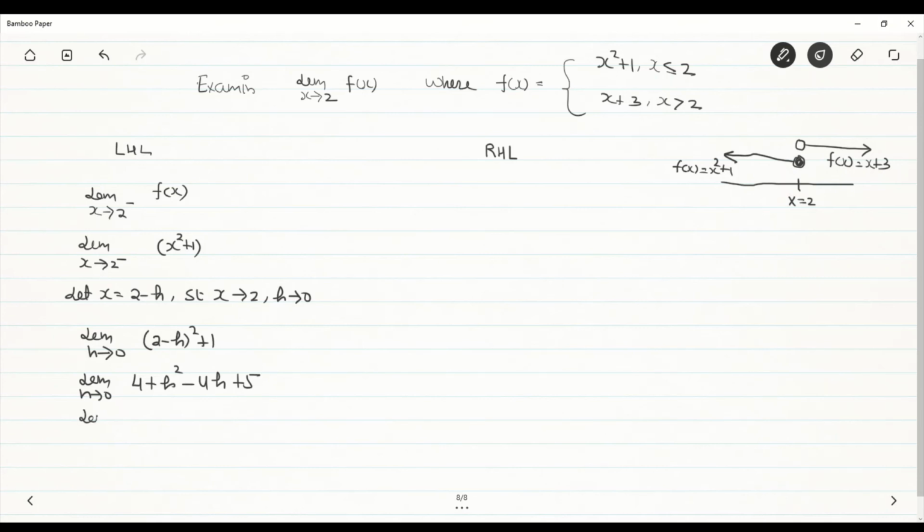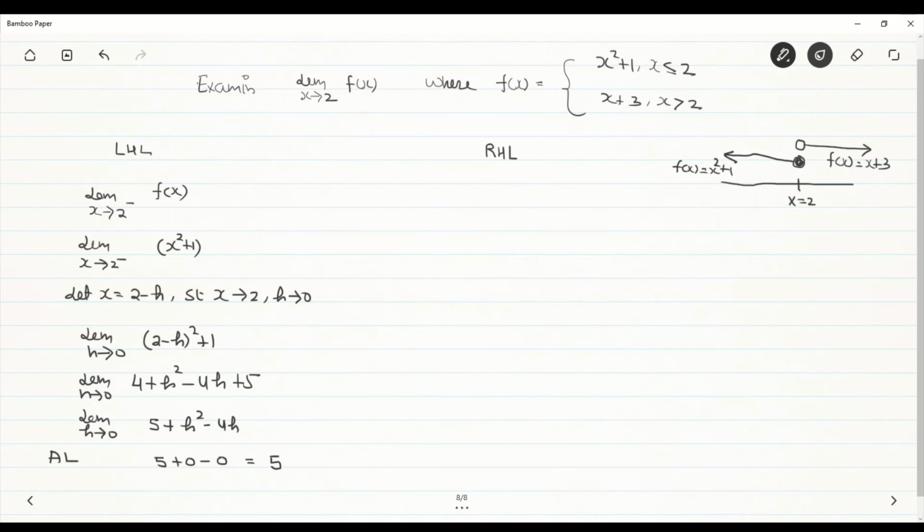It is limit h tending to 0, 5 plus h square minus 4h. Now if I apply the direct substitution method, or if I say I am applying the limit, I will get 5 plus 0 minus 0. So the value of the left hand limit is 5, which means when x is approaching 2 from the left side, the answer is 5.